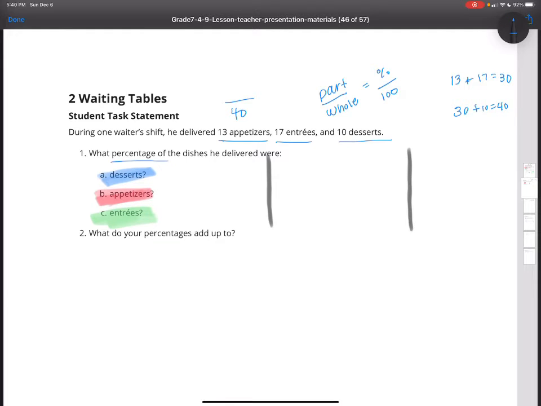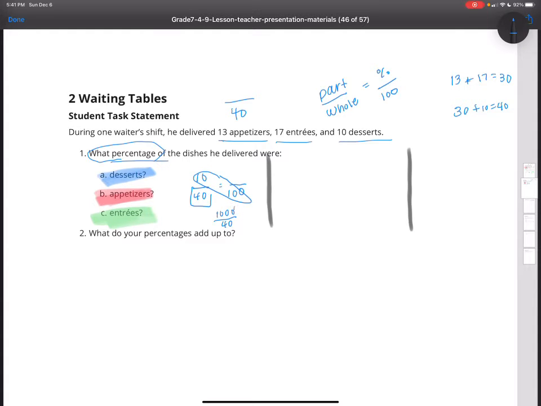So in the first one, which is dessert, he delivered 10 desserts, and the whole is 40. We're looking for what percent, so percent is missing. I could cross multiply, which is the high heel method. So 10 times 100 divided by 40. 10 times 100 is 1,000 over 40.